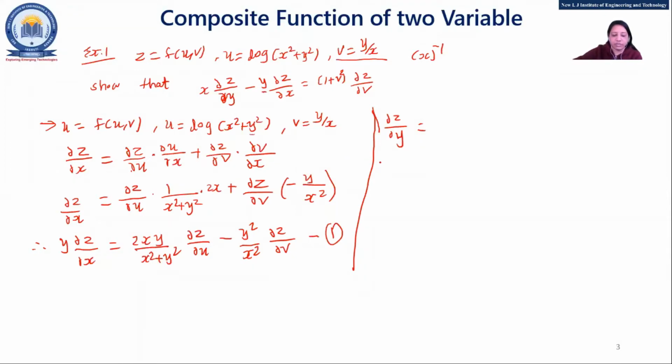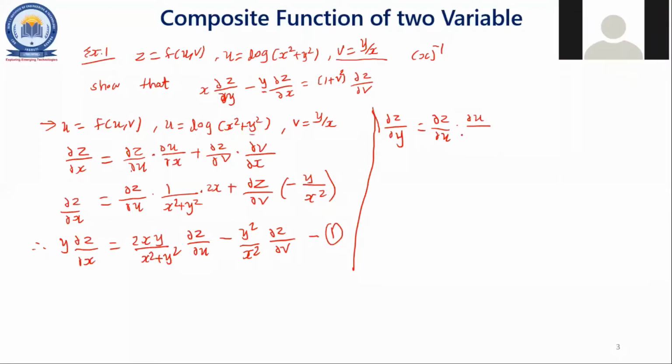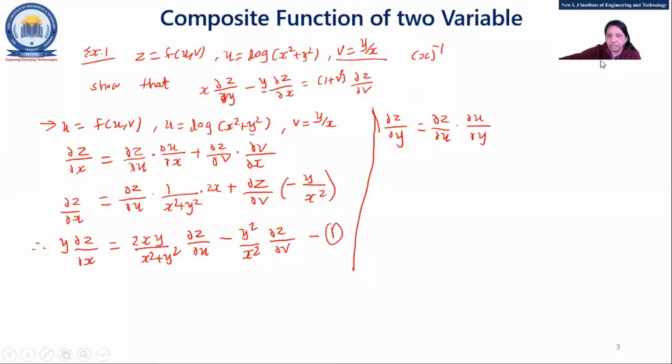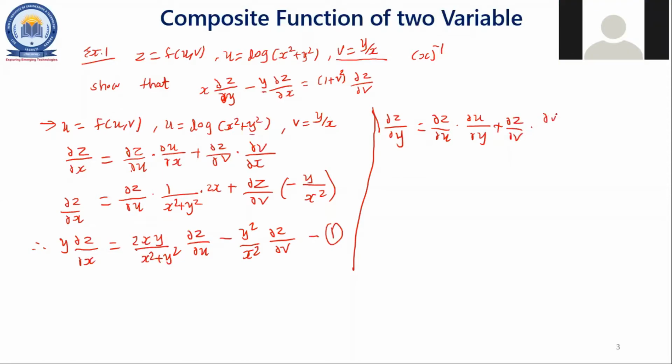So del z by del y is del z by del u into del u by del y, plus del z by del v into del v by del y.